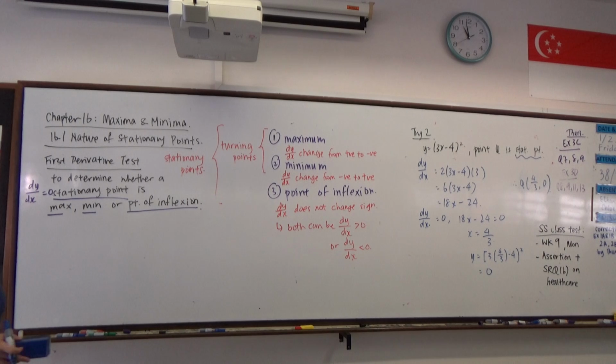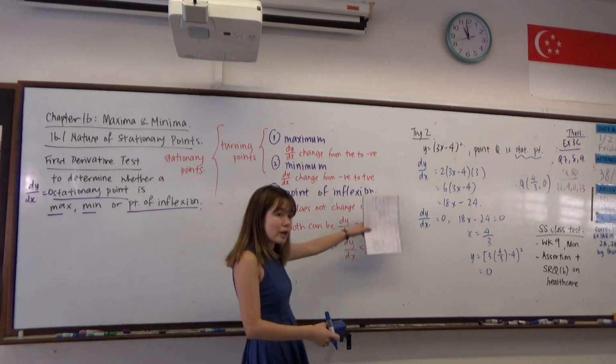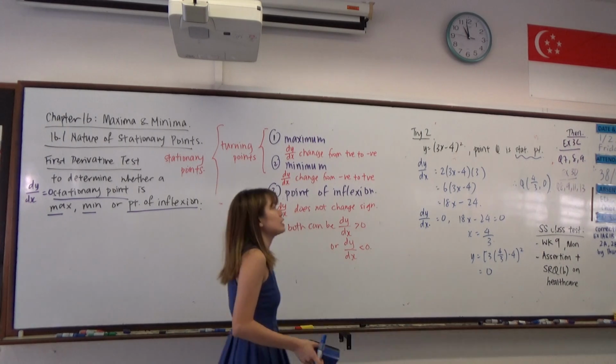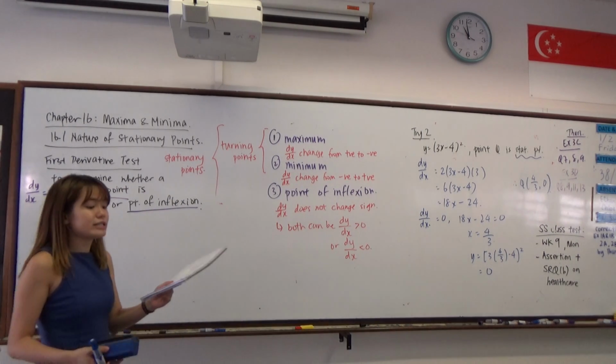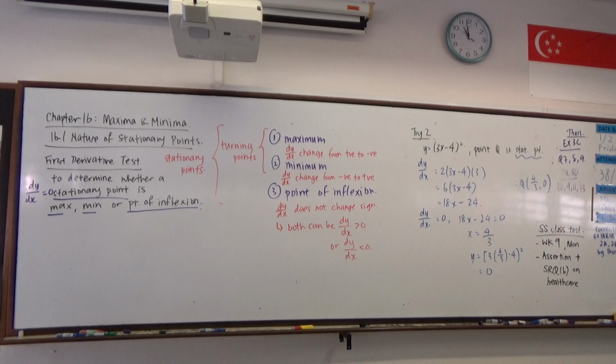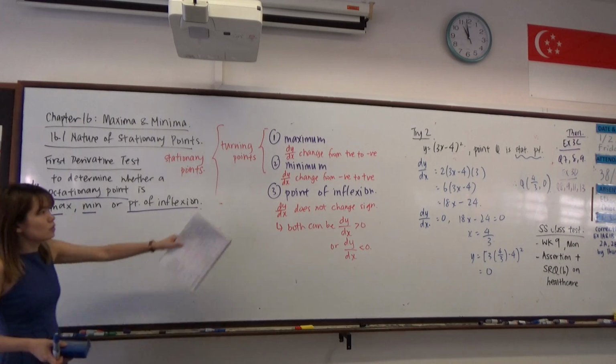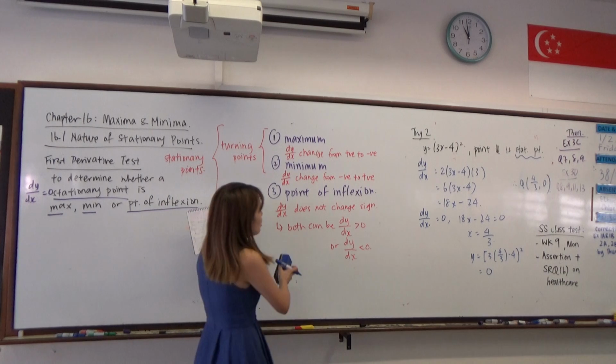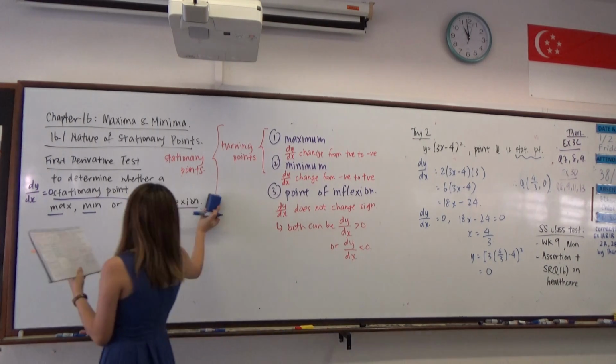This was what we have done in try 1, whereby we want to know the stationary point. Now the question is asking to determine the nature of this point. To determine the nature, we will use the first derivative test, which will be looking at all these different derivatives. So how do we go about doing that? Let me erase this one.